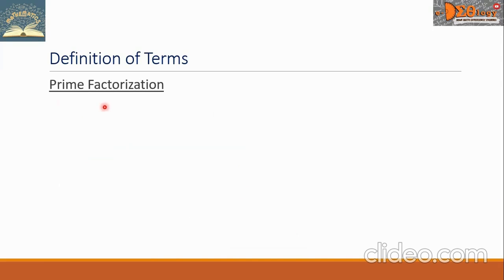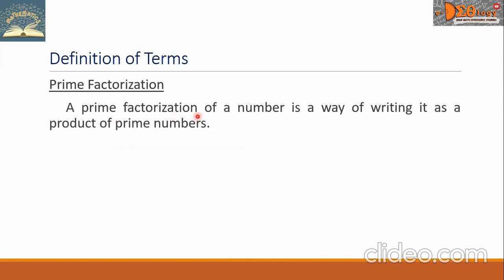Let us go to prime factorization. A prime factorization of a number is a way of writing it as a product of prime numbers. Example, 240 equals 2 times 2 times 2 times 2 times 3 times 5.